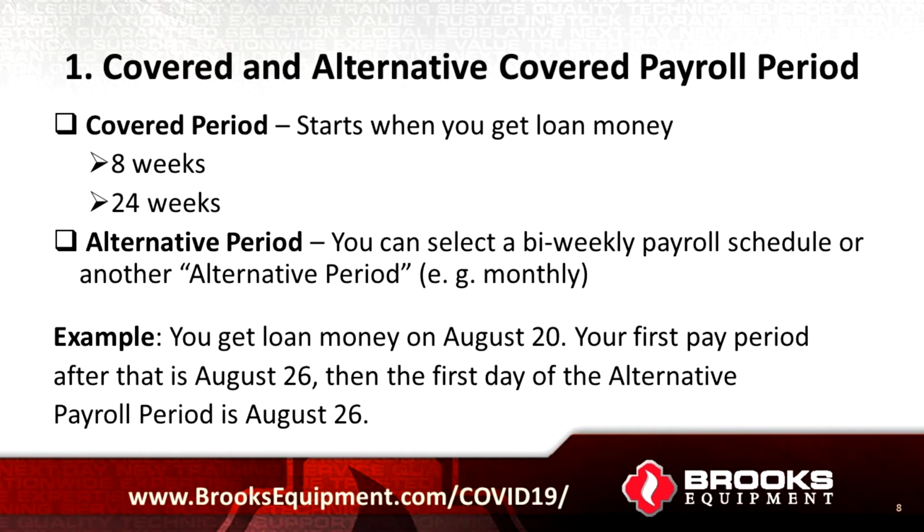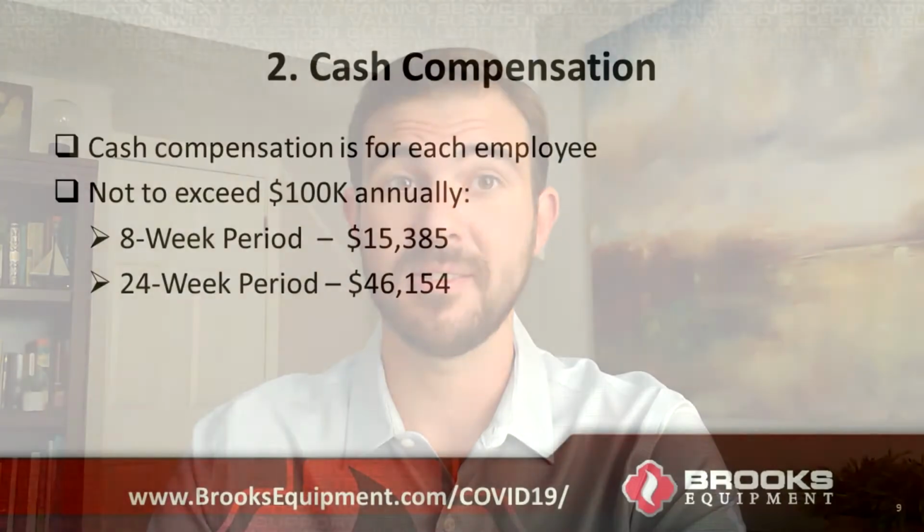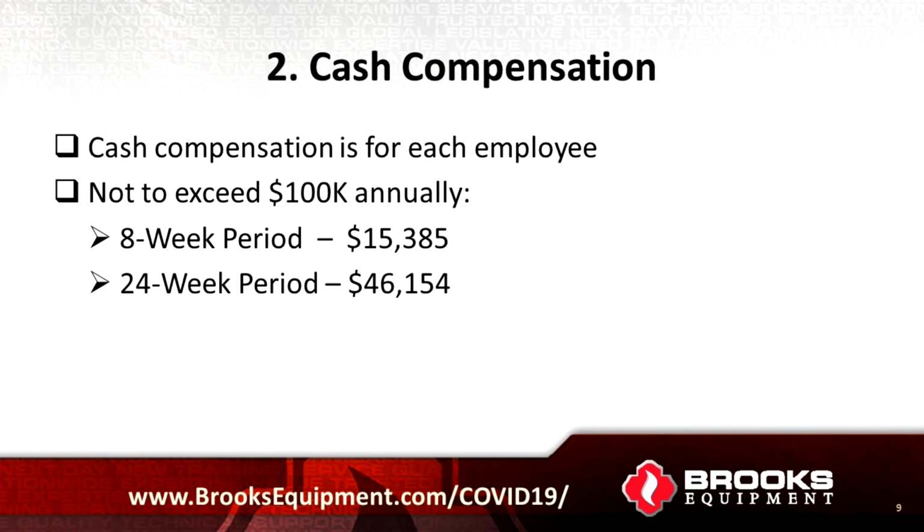For example, if your loan was dispersed on August the 20th and the first day of your first pay period following receipt of the PPP loan is August the 26th, then the first day of the alternative payroll period is August the 26th.